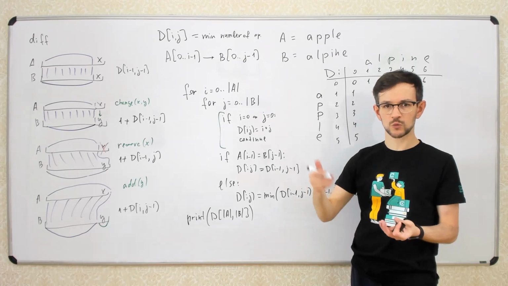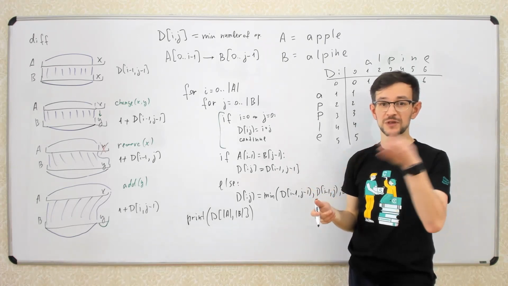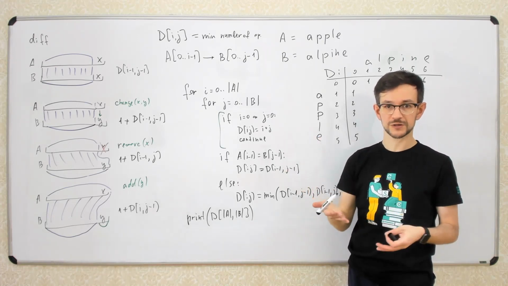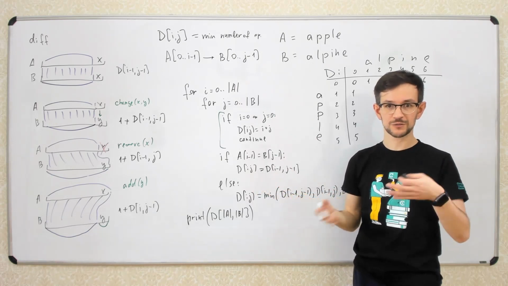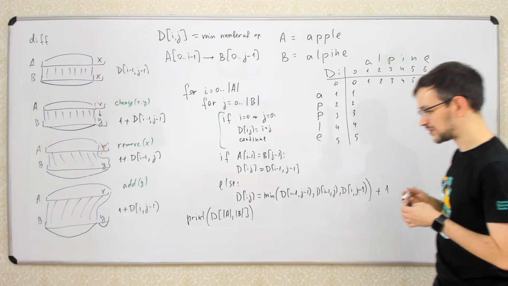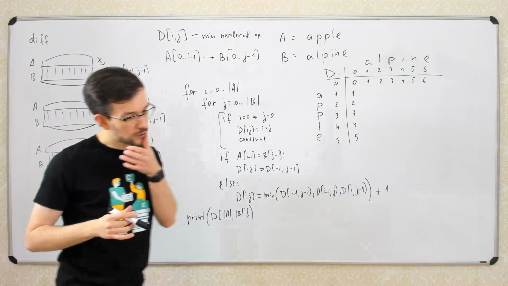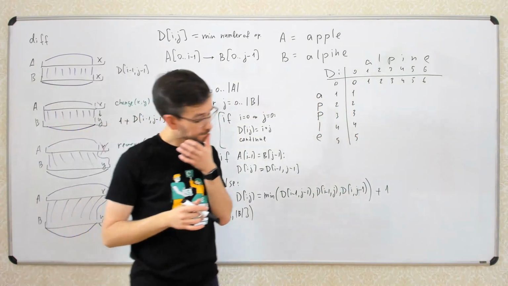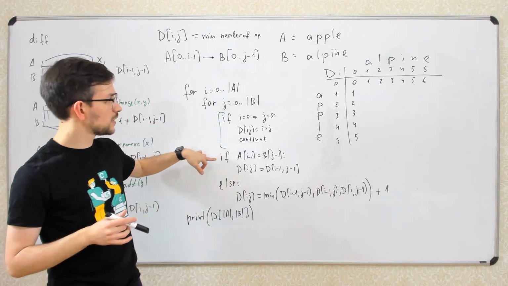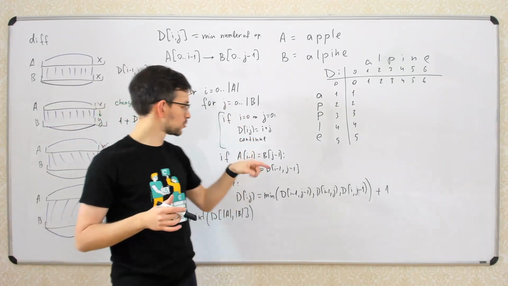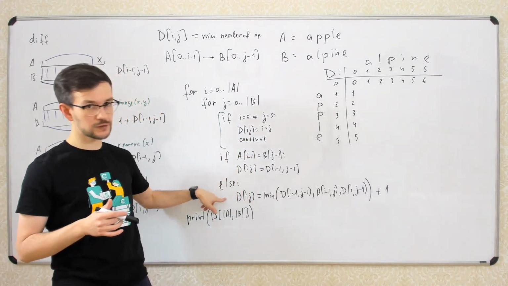Obviously, getting an empty string from a given string is very simple: just remove all the characters. And if you have an empty string and need to produce this string, you just add all the characters. So these numbers are pretty trivial. And now each time you use this formula again. If you have the same character, you use this formula. If you have different characters, use this formula.